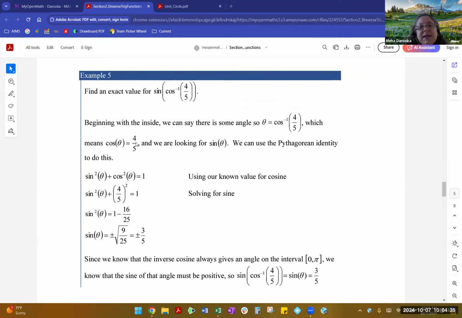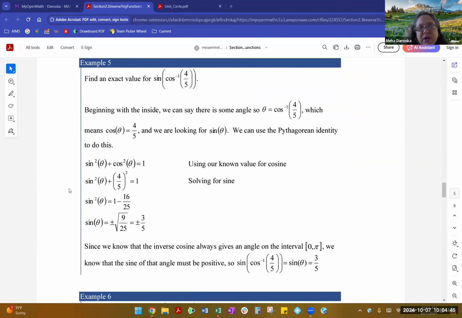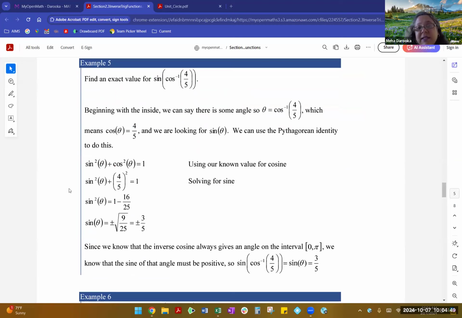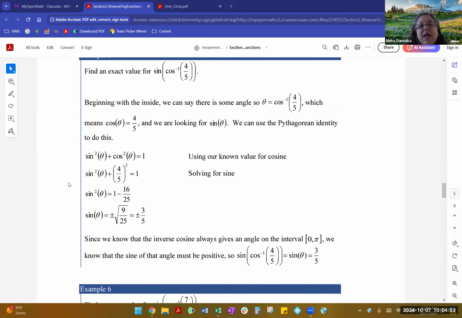And you can see now we are taking the inverse function and putting it on the inside. So you've got sine of cosine inverse of 4/5. Obviously, you're finding the angle where the value of cosine is 4/5. They write it out as cosine theta equals 4/5.